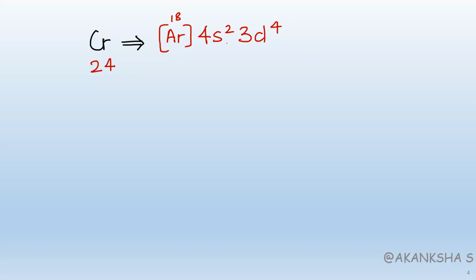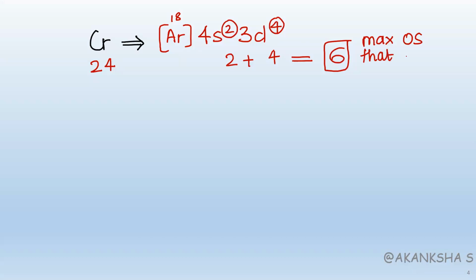So chromium, basically, if you see 2 plus 4, how many is that? 6 electrons for its combining capacity. So 6 is basically the maximum oxidation state that can be obtained by chromium.